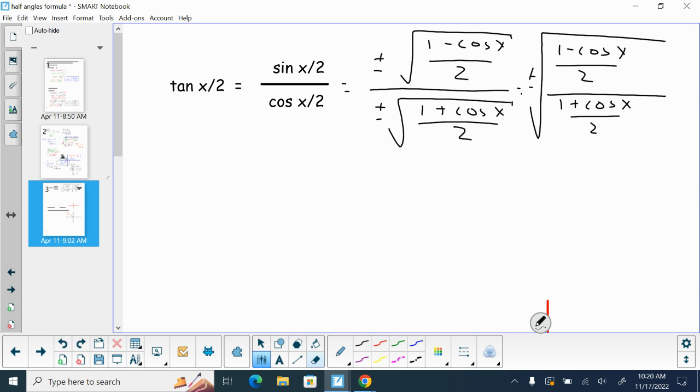That's still ugly. But I can now use rational expressions. I can multiply numerator and denominator by a value of 2, which makes the 2's go away.